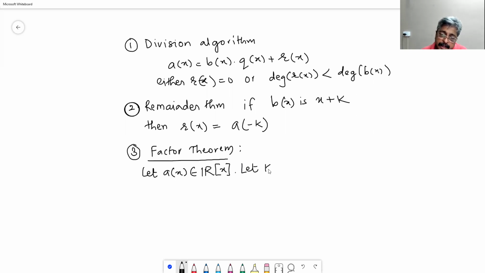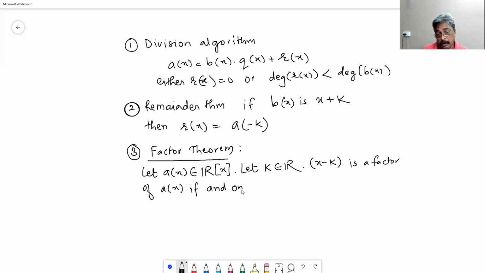Let k belong to R. x minus k is a factor of a of x if and only if a of k is equal to 0.